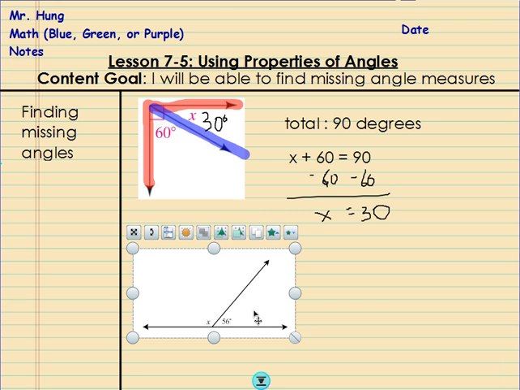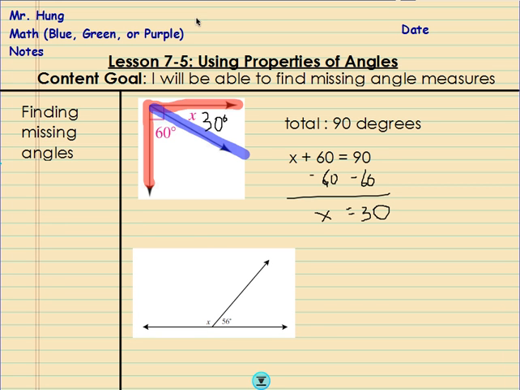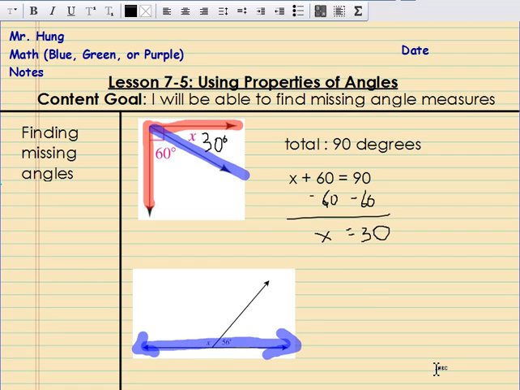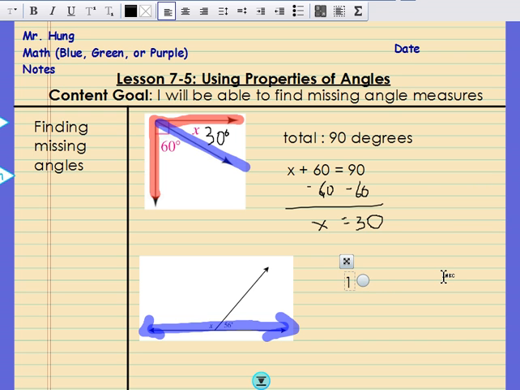Right here, we don't have a right angle anymore, but we notice we have a straight angle. Now remember, a straight angle has how many degrees? That's right, it has 180 degrees. Straight angle, 180 degrees.